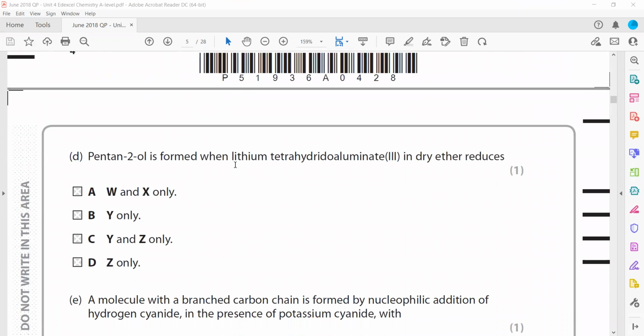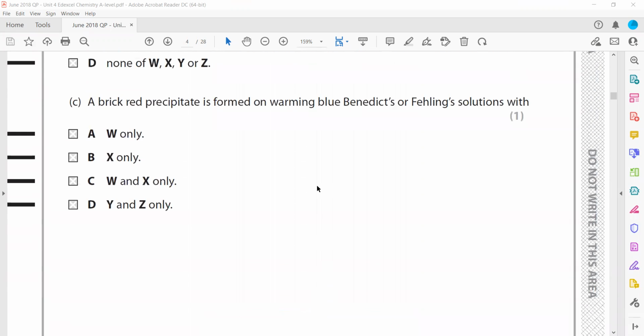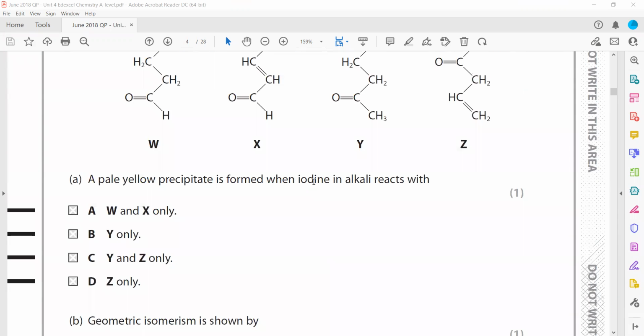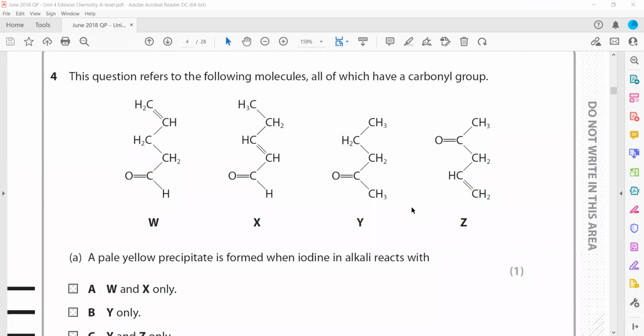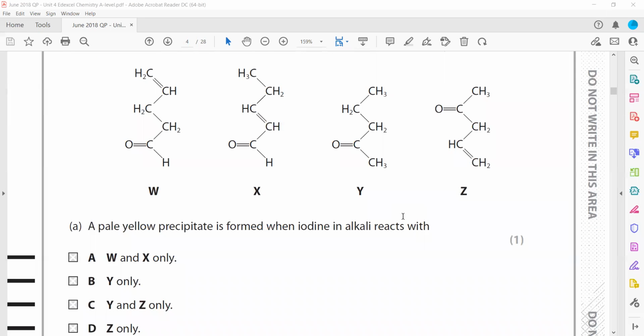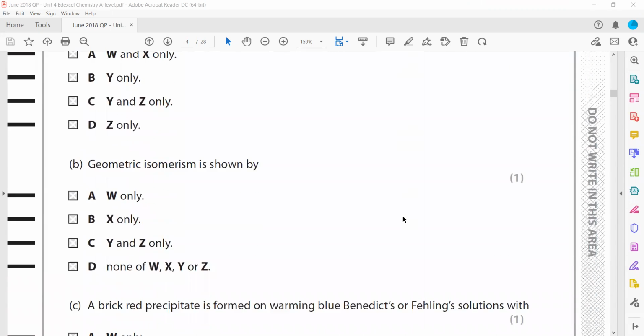Then propan-2-ol is formed when lithium tetrahydridoaluminate in dry ether reduces what? Basically, an aldehyde will reduce to a primary alcohol, and if a ketone is there, it will reduce to a secondary alcohol.